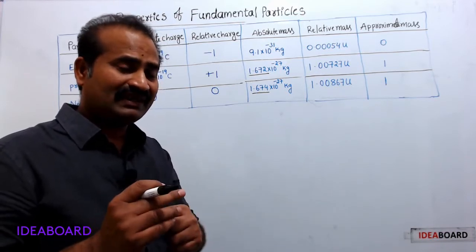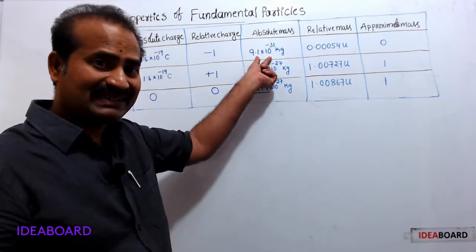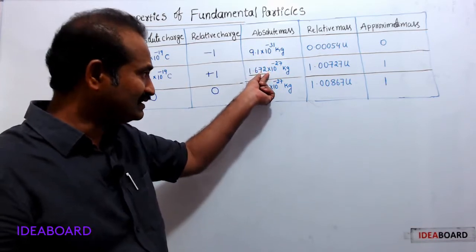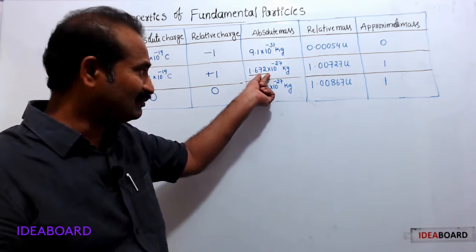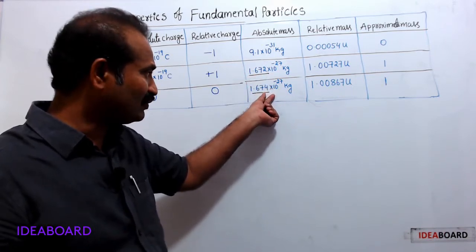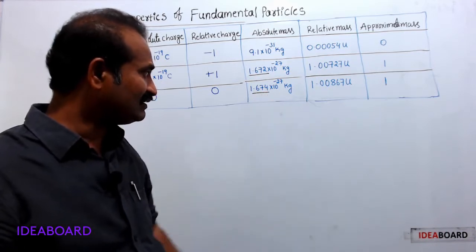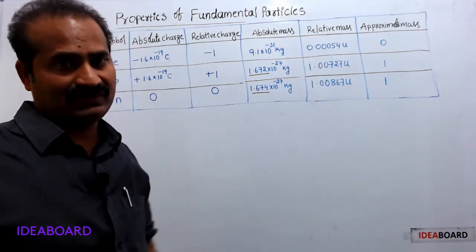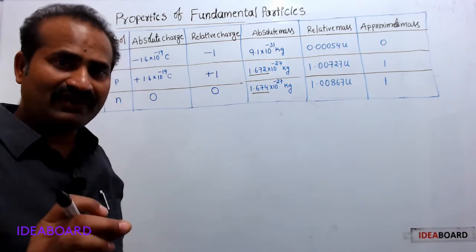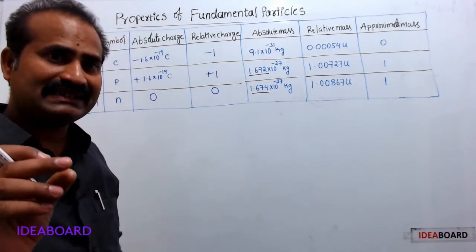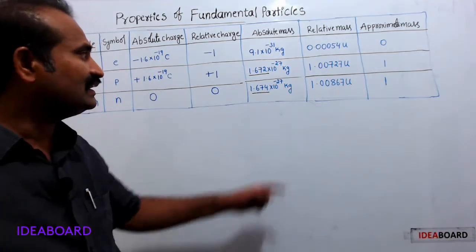So with reference to that AMU, divide the electron mass, the proton mass and the neutron mass each by 1.66 into 10 power minus 27 kilogram, the value of the AMU. Then you will get these values.